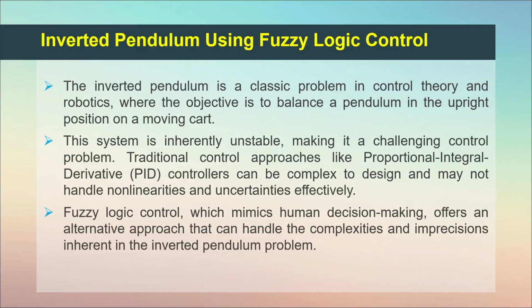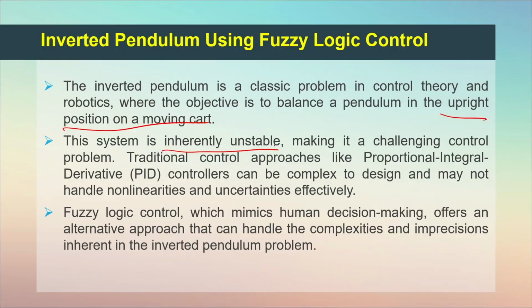The objective of the inverted pendulum is to balance the pendulum in the upright position on a moving cart. You are moving a cart, but while moving the cart the pendulum should always stay in the upright position. This inverted pendulum system is inherently unstable, so making it stable is a challenging task.